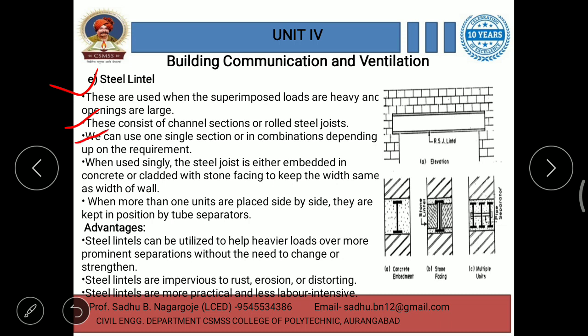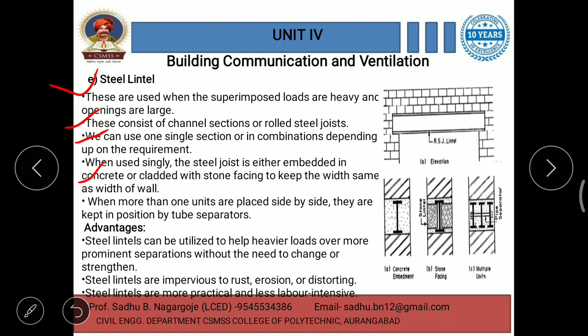We can use one single section or in combination depending upon the requirement. Okay, when used singly, the steel joist is either embedded in concrete or cladded with stone facing to keep the width same as width of wall.